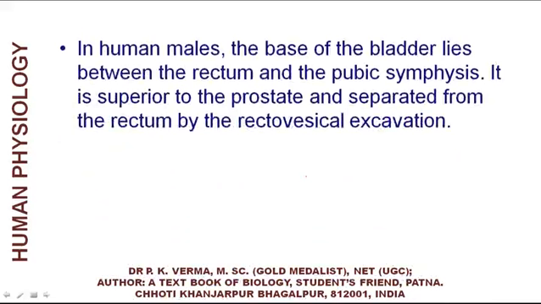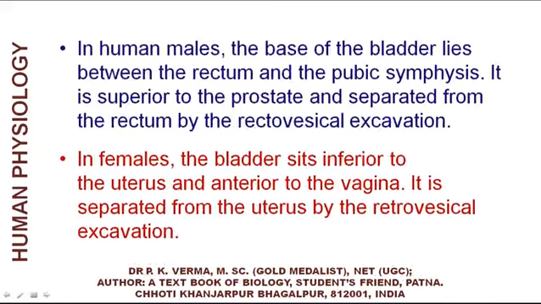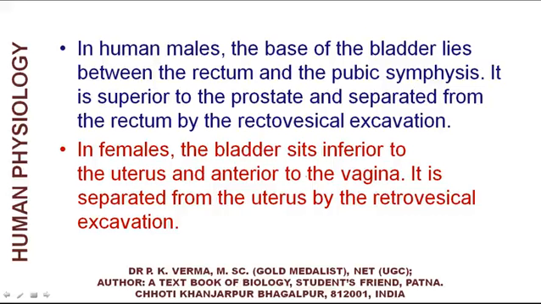In human males, the base of bladder lies between the rectum and the pubic symphysis. It is superior to prostate gland and separated from the rectum by retrovesical excavation. In females, the bladder sits inferior to the uterus and anterior to vagina.